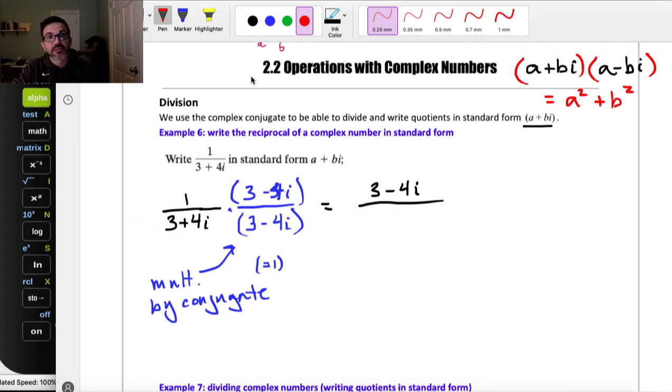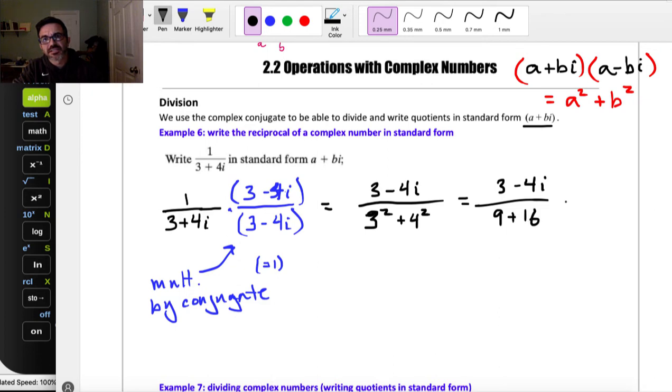So I know that this is going to be 3 squared plus 4 squared, which is just going to be 3 minus 4i over 9 plus 16. So 3 minus 4i over 25.